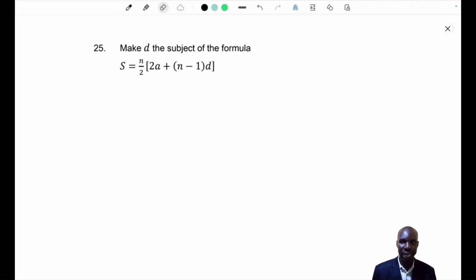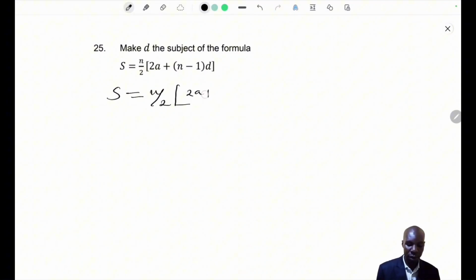Number 25, make d the subject of the formula S equals n over 2 in bracket 2a plus in small bracket n minus 1 multiplied by d, close the bracket. So we are given S equals n over 2 in bracket 2a plus n minus 1 d.